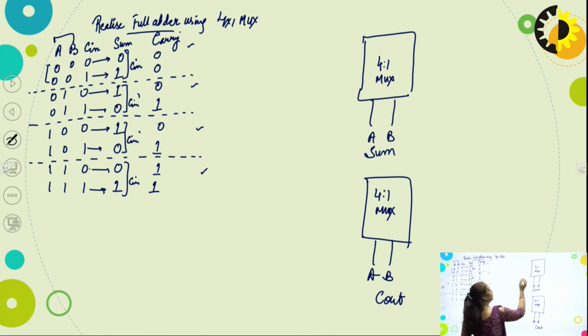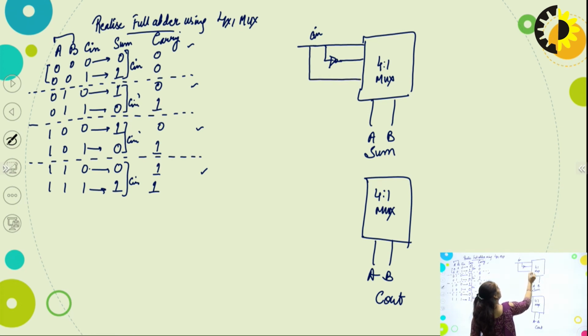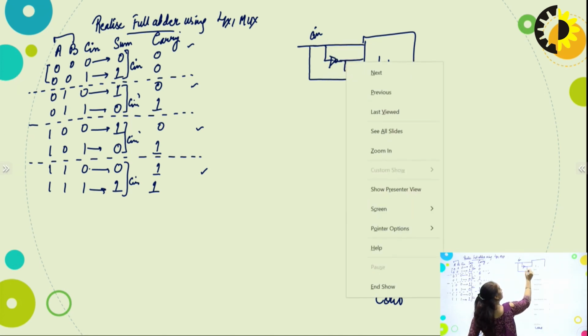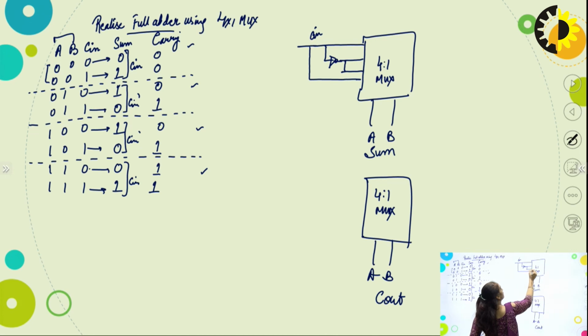So the four input values will be C in, C in bar by connecting one inverter, the third is C in bar, and the fourth one is C in. These go to I0, I1, I2, I3, and at the output, I am going to have the sum values.